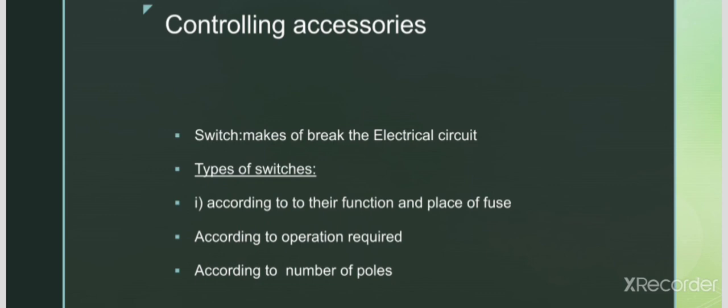According to the type of base material used, it can be classified as porcelain switches, bakelite switches. According to the shape of the base, round switches, square switches. According to the color of the base, white base switches, black base switches, brown base switches.